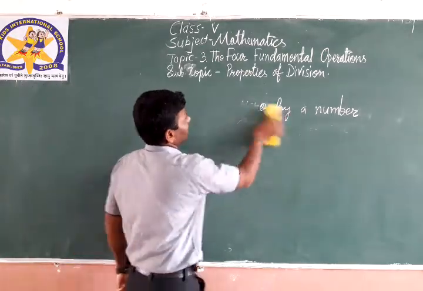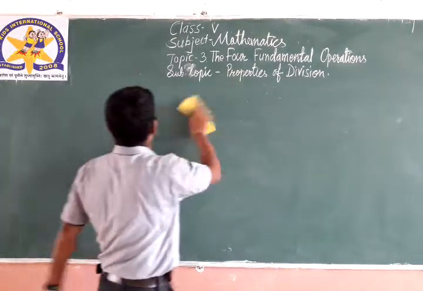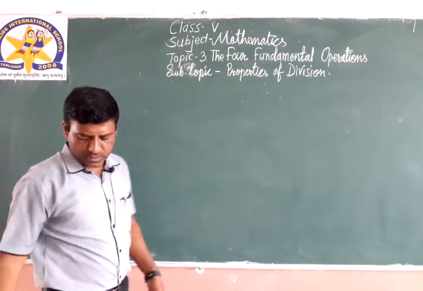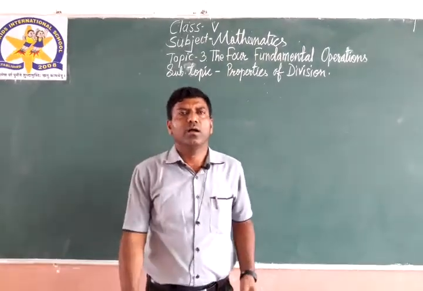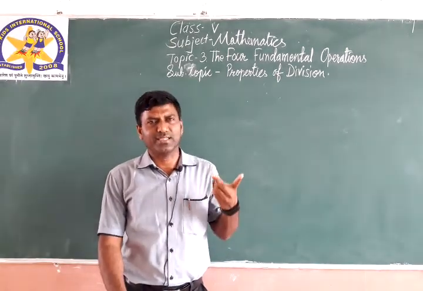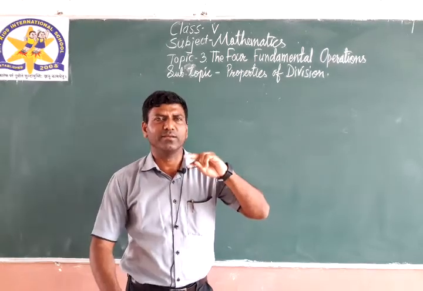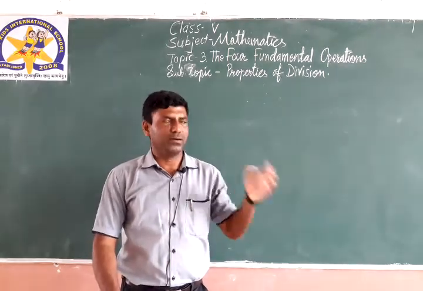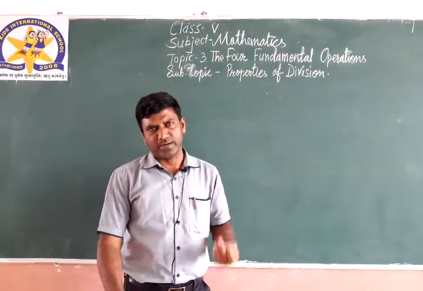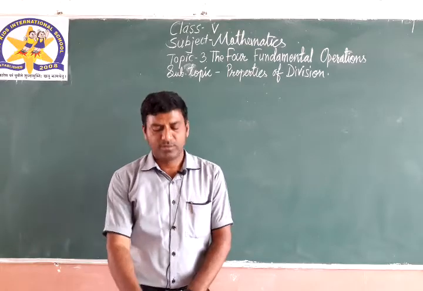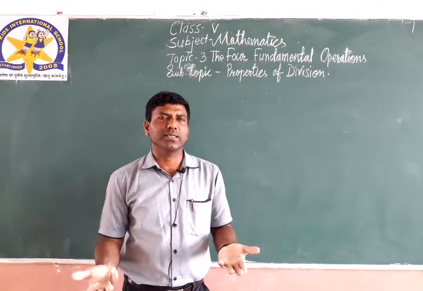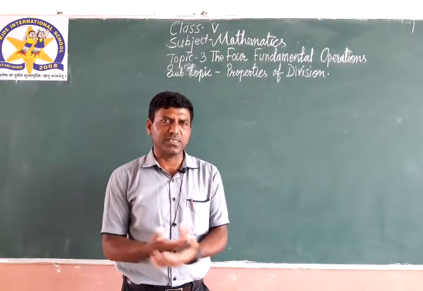Then see, which are the terms related to division. We saw the terms related to addition. Addends are there and the result will be sum. In subtraction, we saw minuend and subtrahend, and the result is difference.